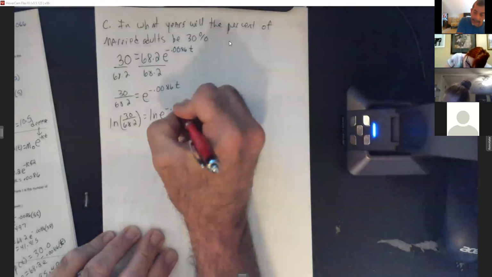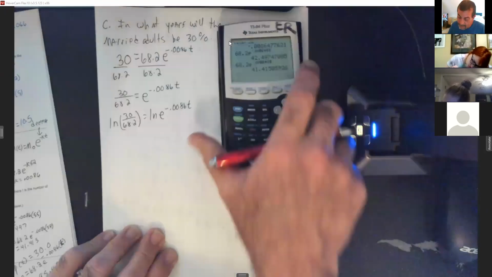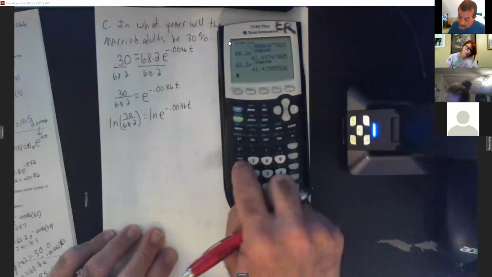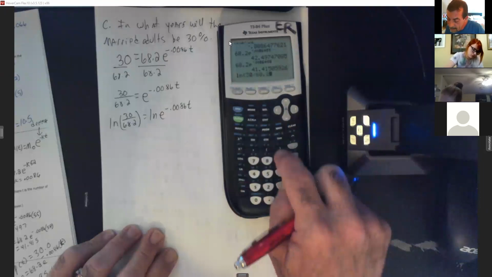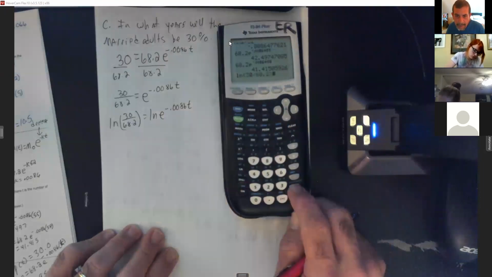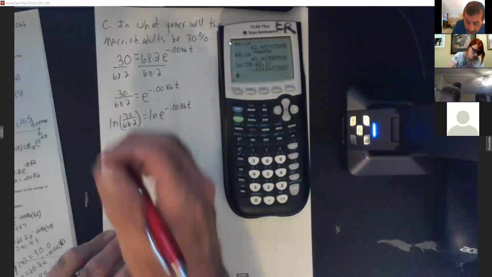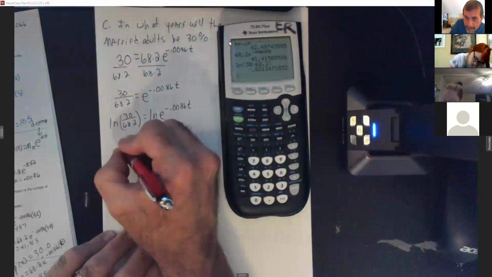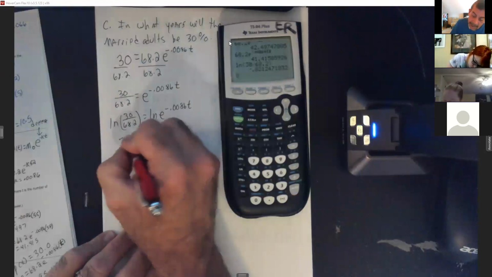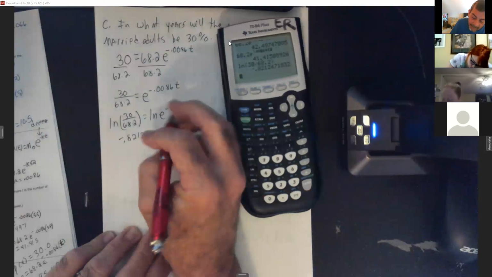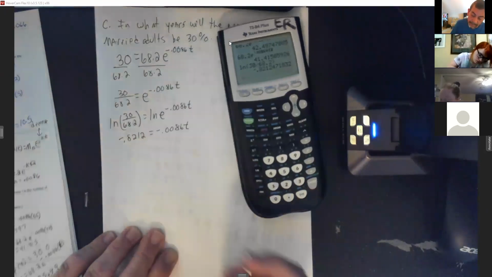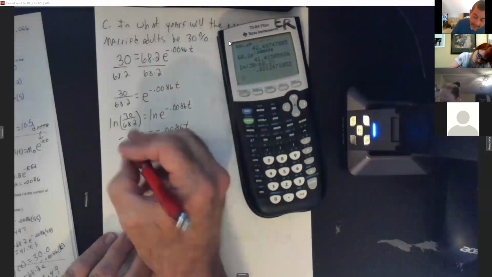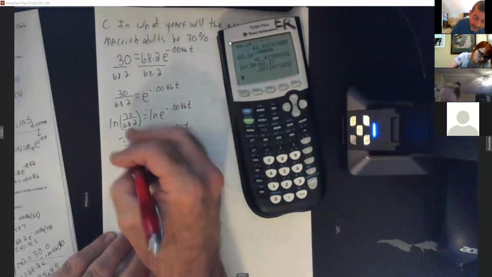All right, so let me divide that out and see what that'll give me. So ln of 30 divided by 68.2 is going to give me a negative 0.8212 equal to my negative 0.0086 T. So at this point, divide both sides by the negative 0.0086.